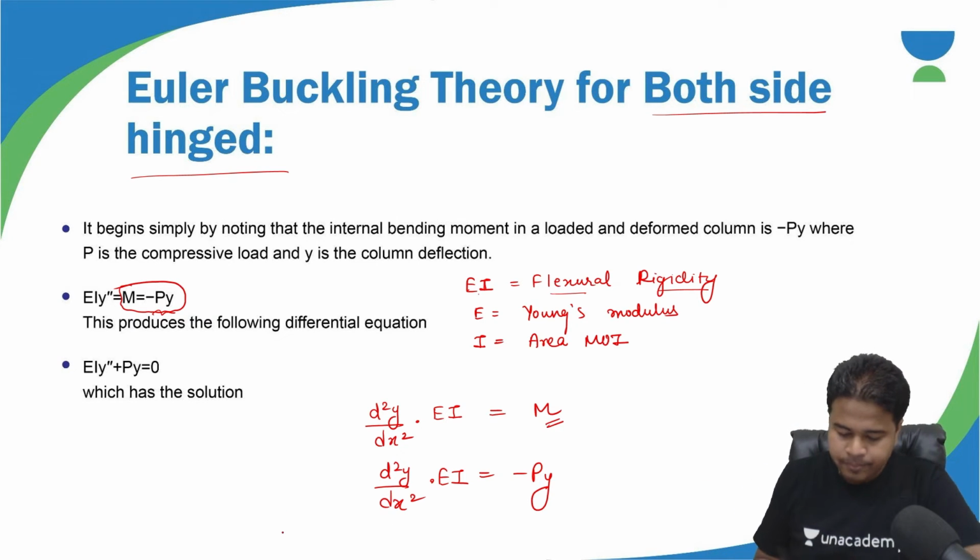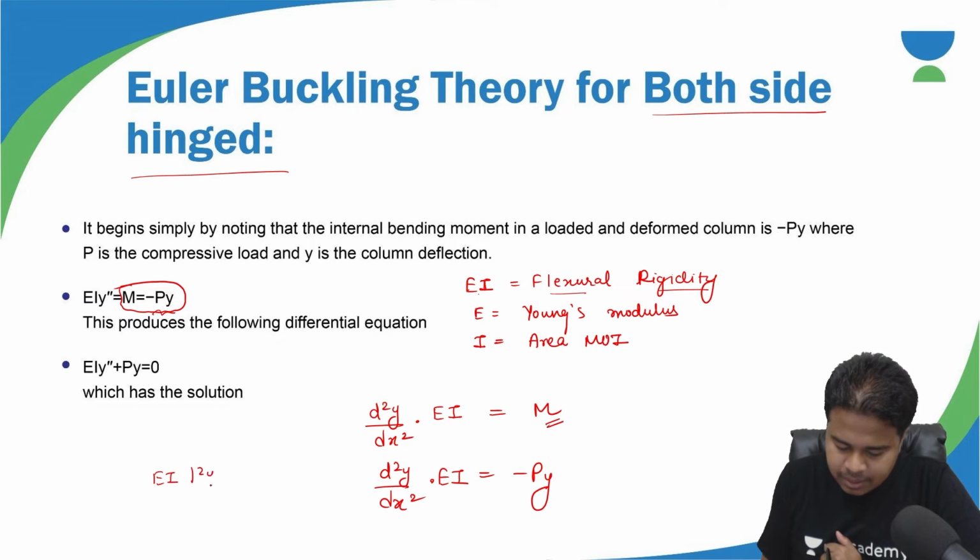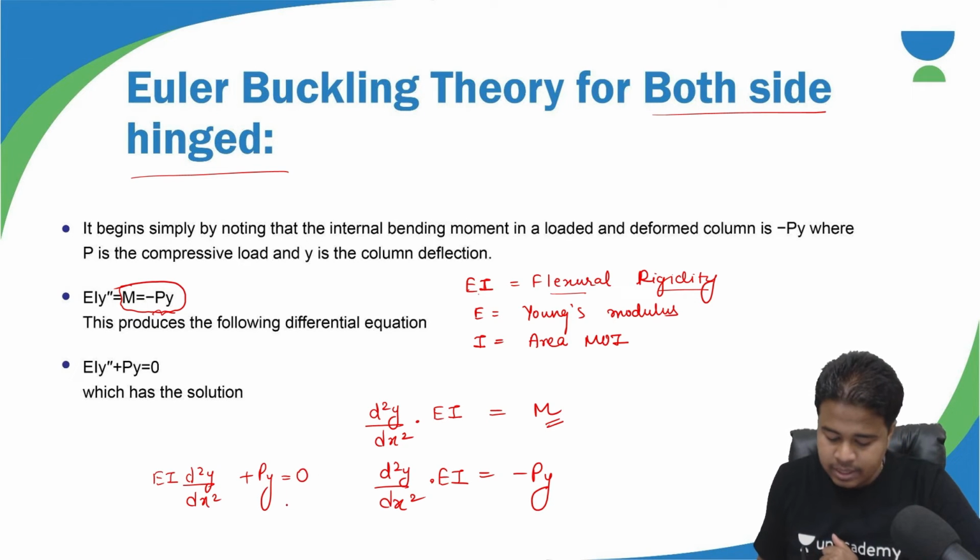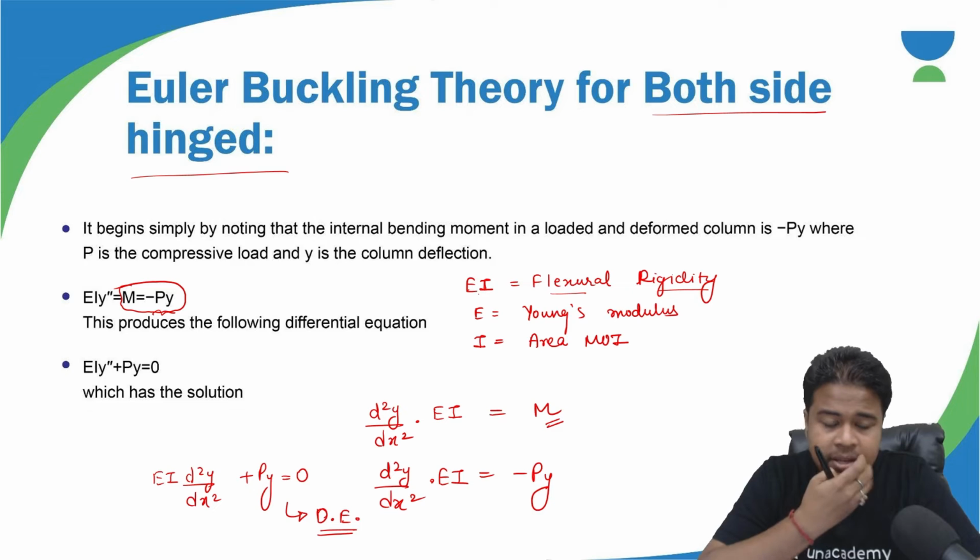So EI d2y by dx2 plus Py is equal to 0. This is a differential equation.